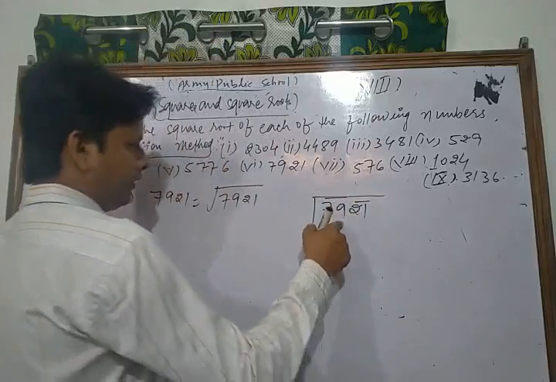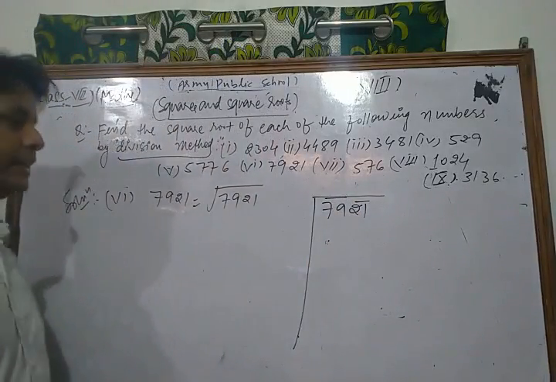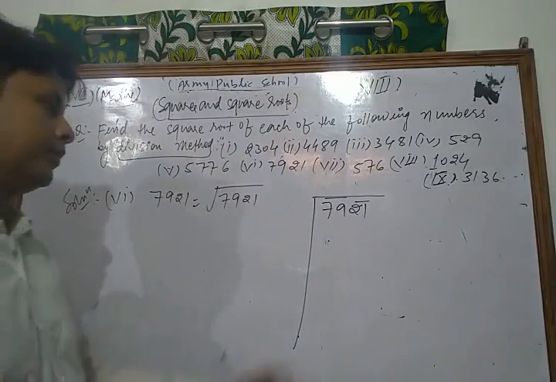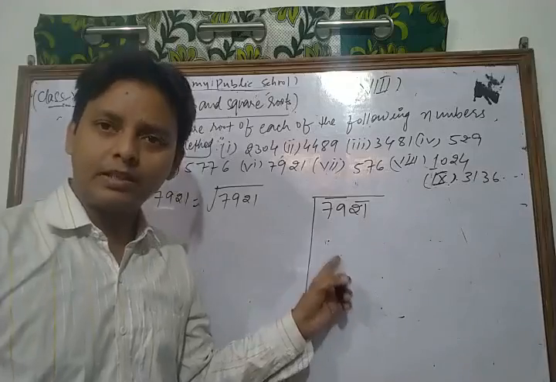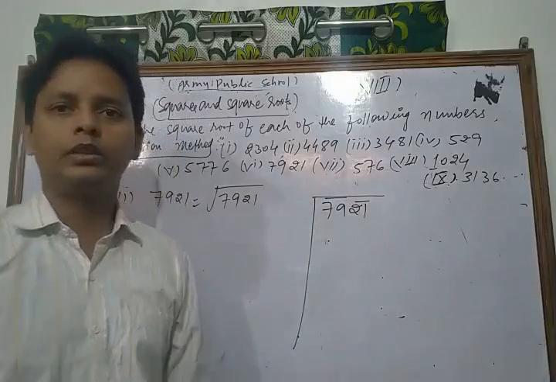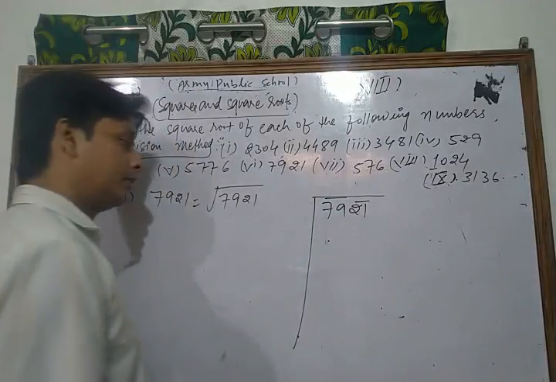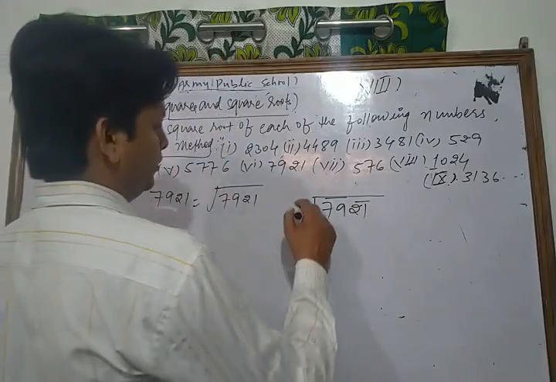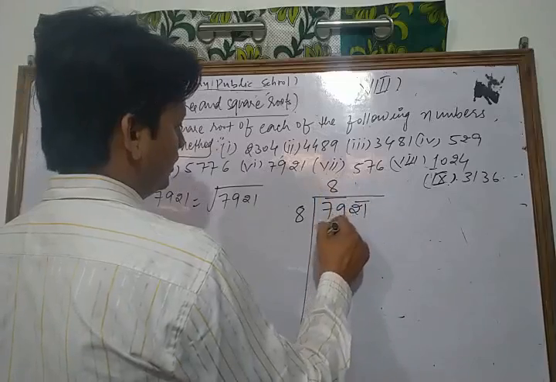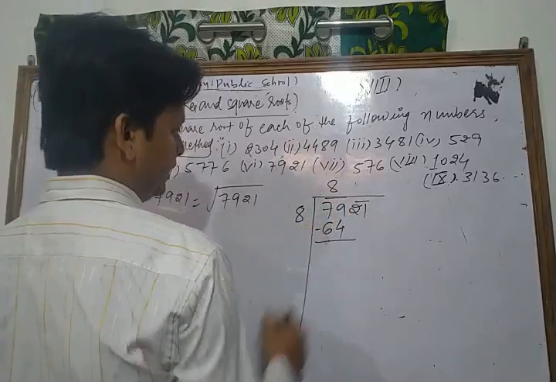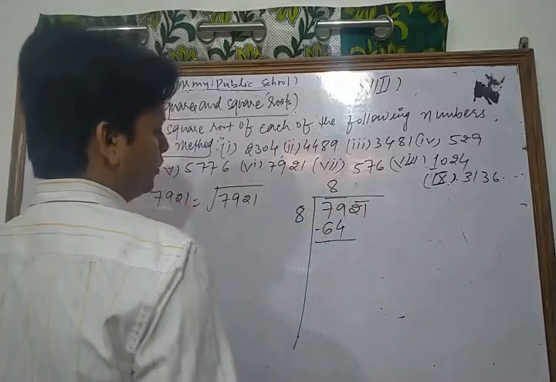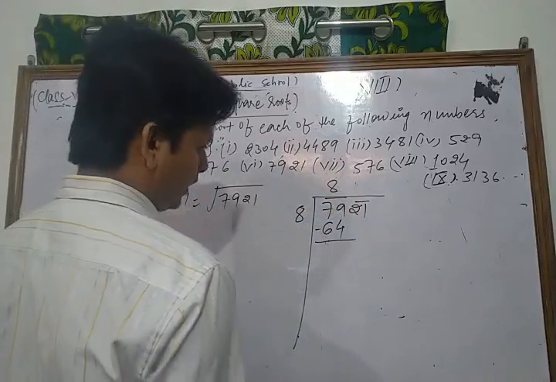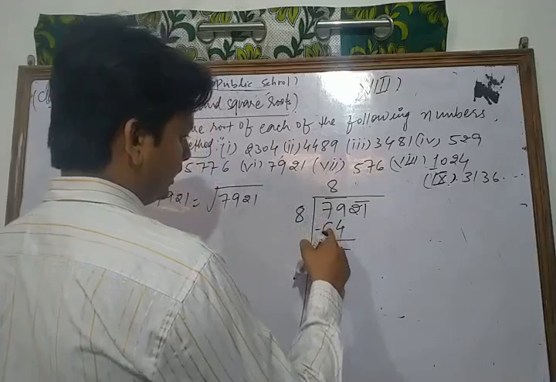So now this is 79. 8 8s are 64, 9 9s are 81. 81 is greater than 79, so we take 8. 8 8s are 64. Now we subtract them. 9 minus 4 is 5. 7 minus 6 is 1.